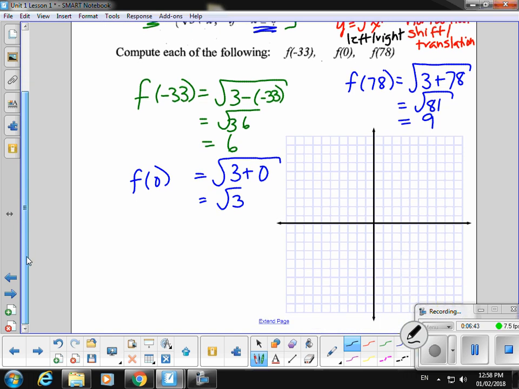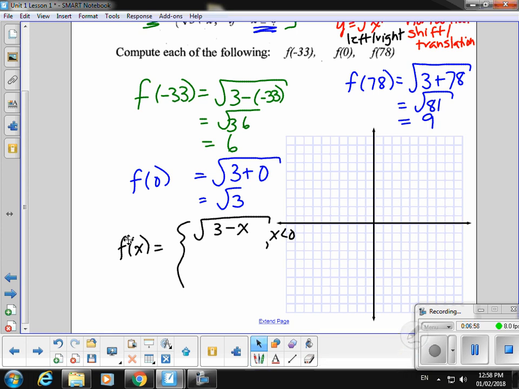If f at x equals square root of 3 subtract x for x less than 0, I'm going to just rewrite that piece, red for danger, as negative x subtract 3.